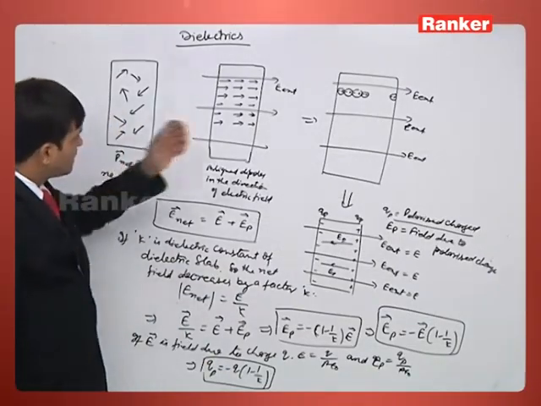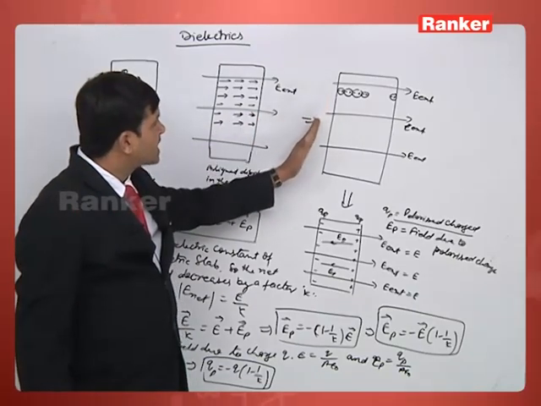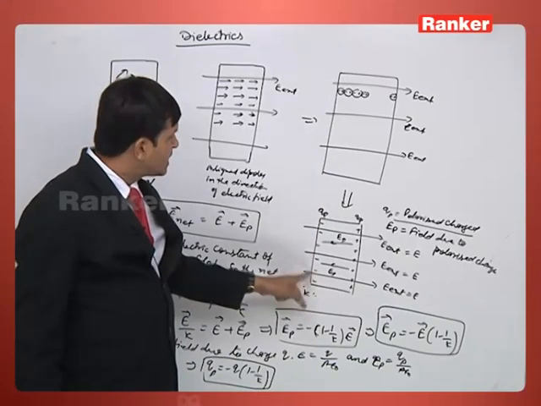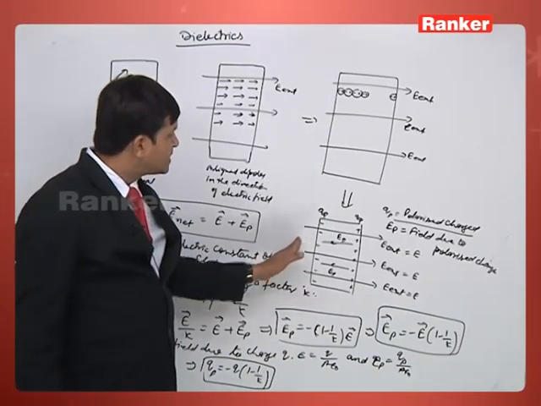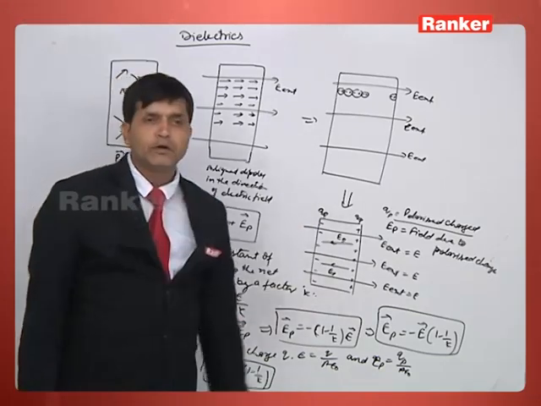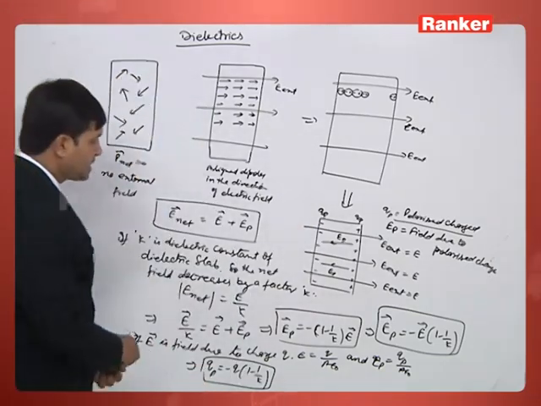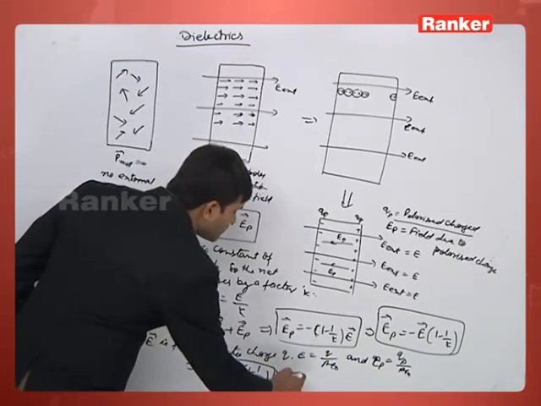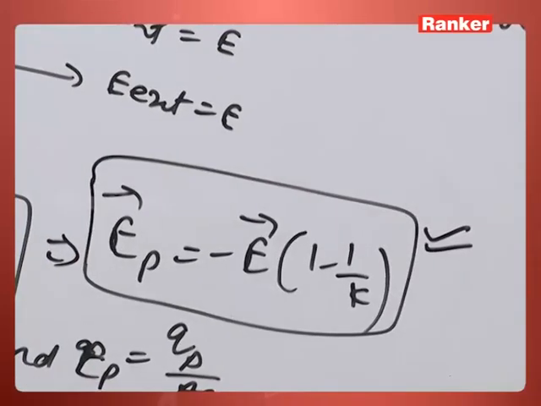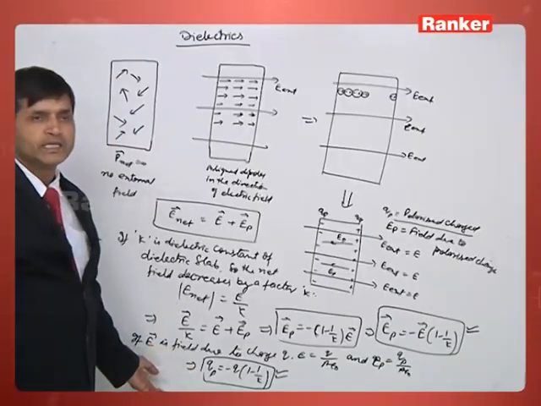So if a positive charge is here producing the electric field, then negative charge will polarize here, and if on this side a negative charge is producing the electric field, then positive charge will polarize. So these two are very, very important relations in the case of a capacitor or in other cases of polarization.